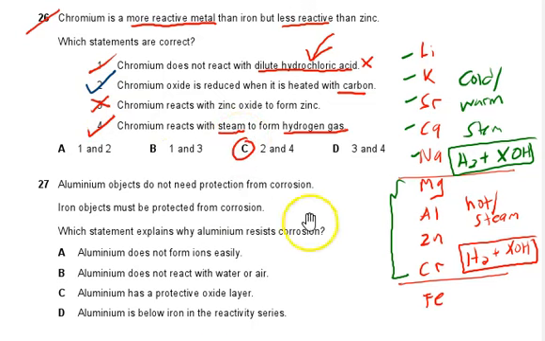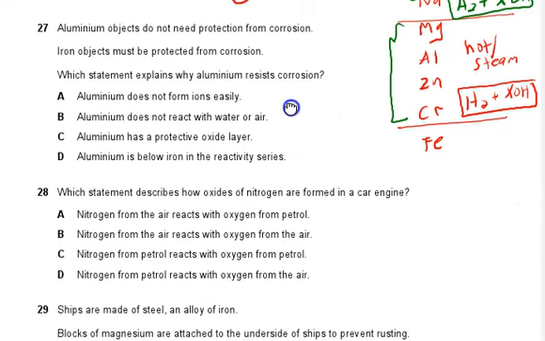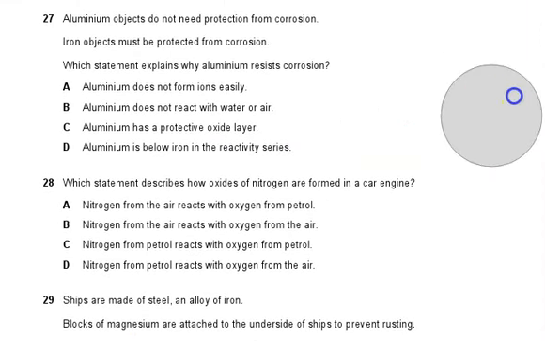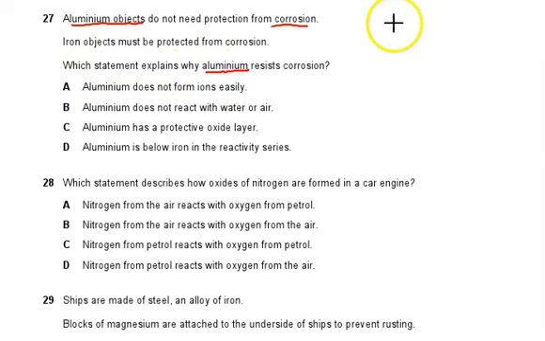Now we go to question number 27, and let me erase this part. Aluminium objects do not need protection from corrosion. Iron objects must be protected from corrosion. Which statement explains why aluminium resists corrosion?